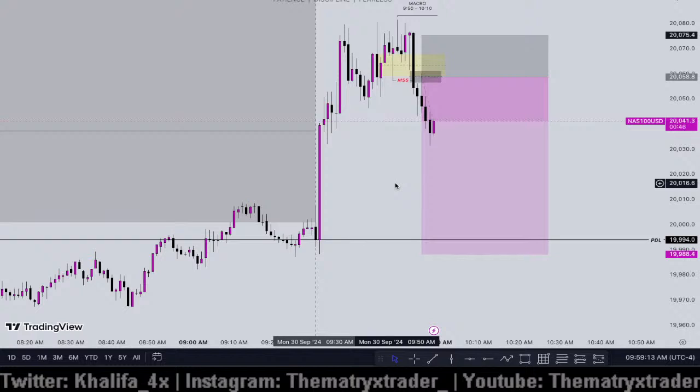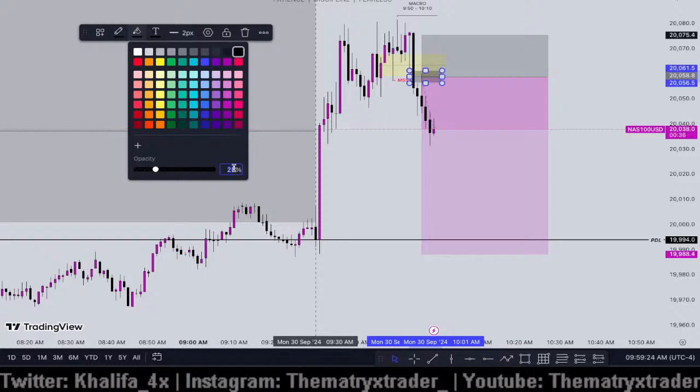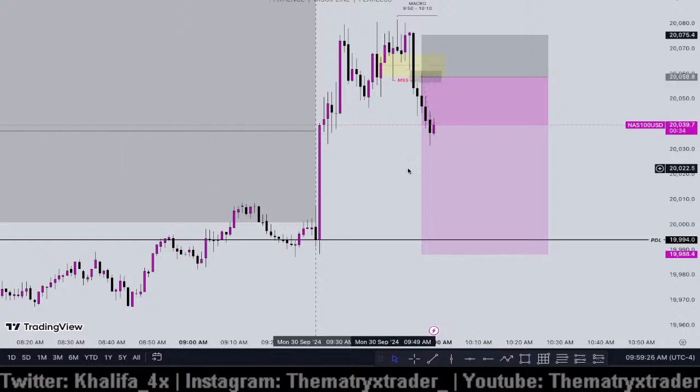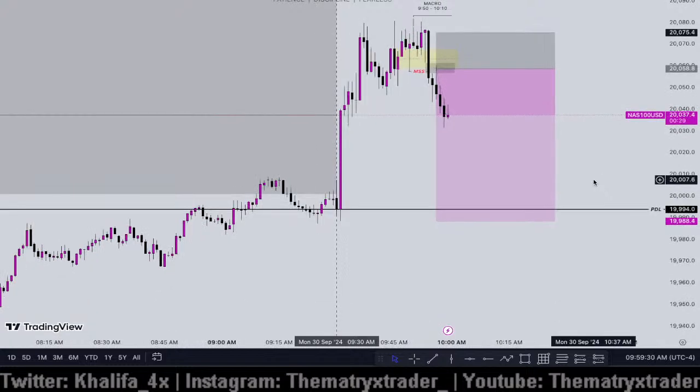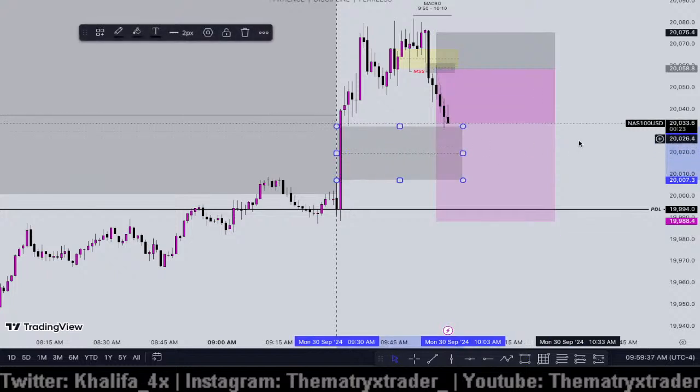This is just the price action which I'm looking at. And you should know where to take partials.